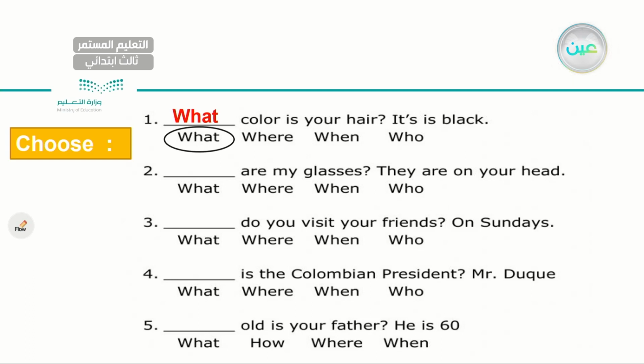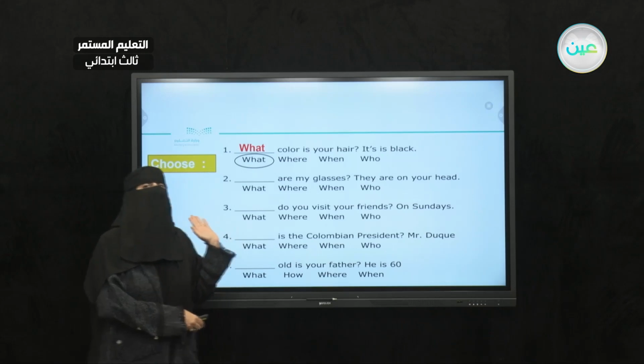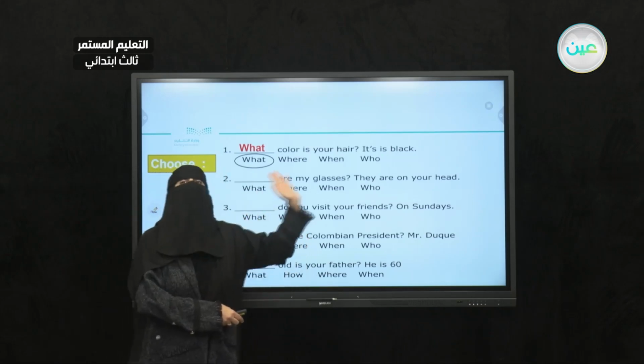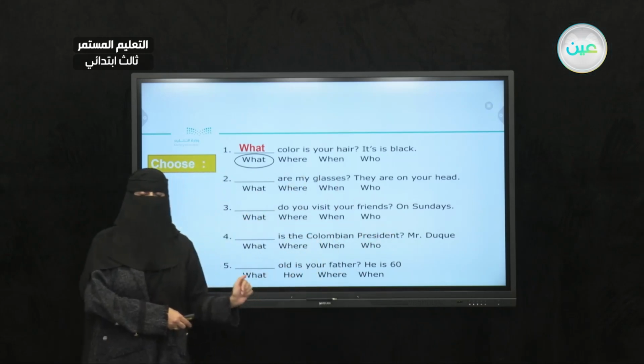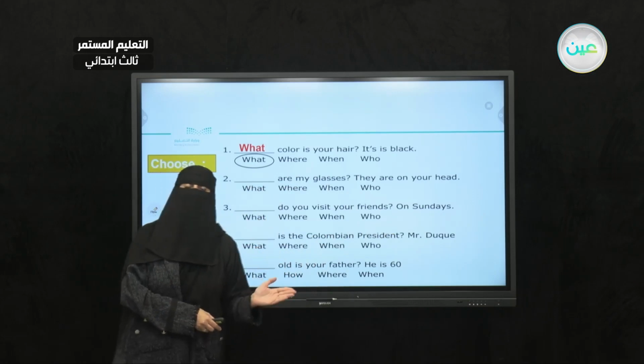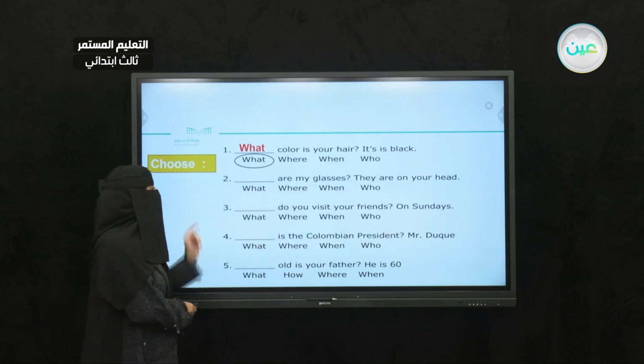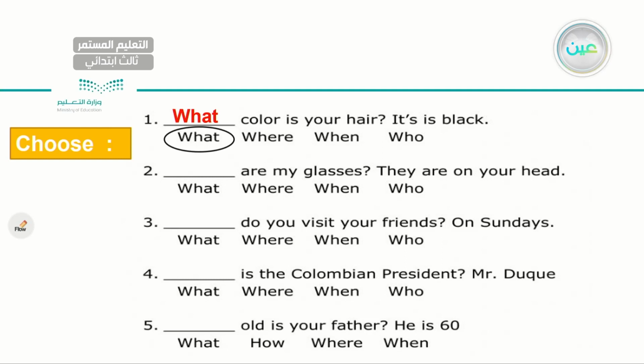Now, you have to be very careful because you need to read the whole question and the answer as well, okay? In order to decide which WH word we are about to use. So for example, for number 2, are my glasses, okay? They are on your head.